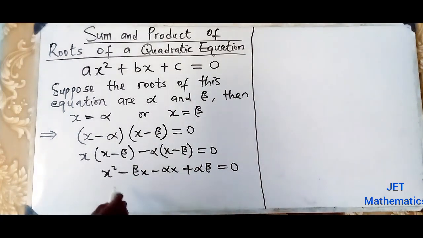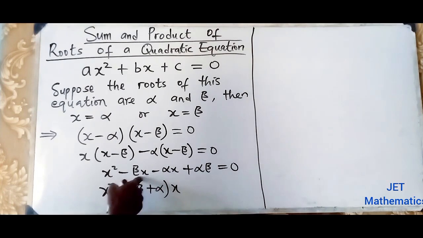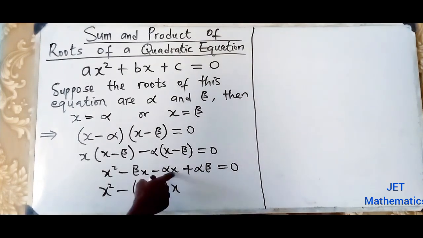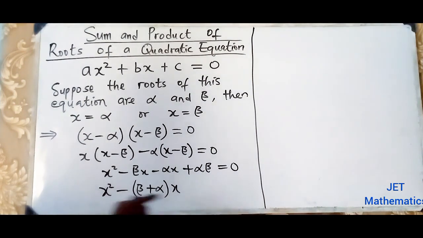So solving here, we have x squared minus beta plus alpha x. When you factor out x here, you have x, then we have alpha plus beta when you factor out the minus sign, so that when you expand this, it becomes minus beta x minus alpha x.